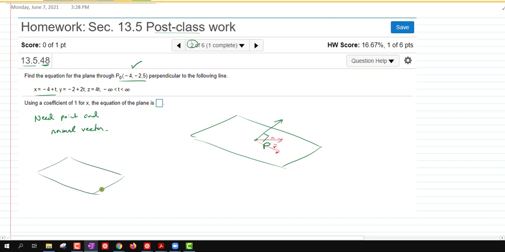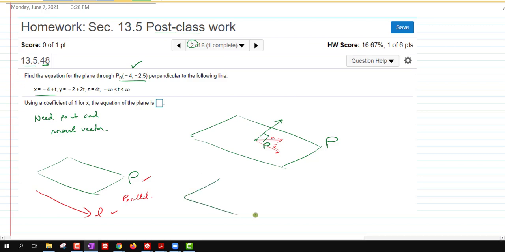If we have this plane right here, same plane, we'll use a script P for the plane. How could it interact with maybe a line? Maybe this is a line passing through it. In this case, we would say that the plane and the line are parallel to one another.